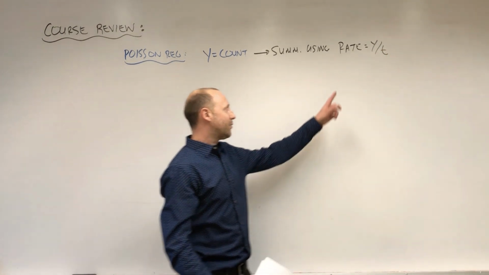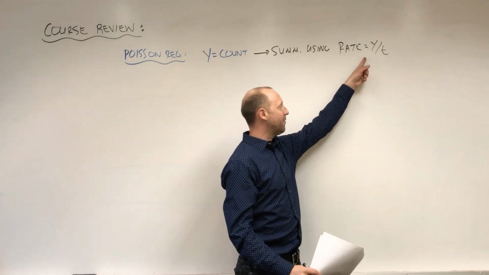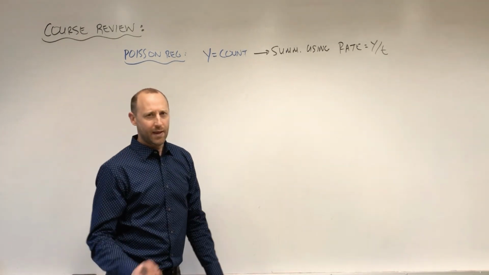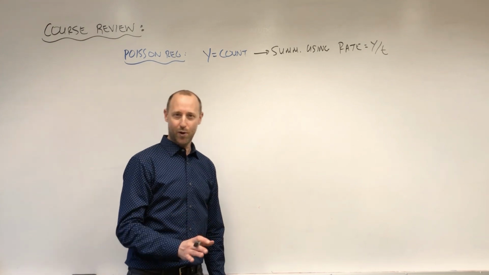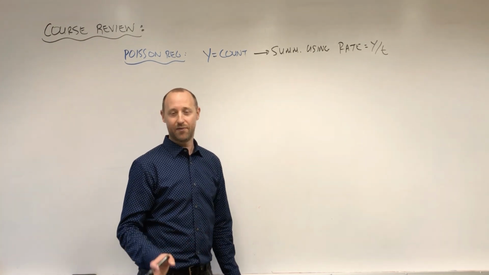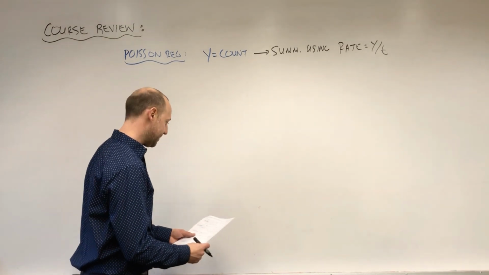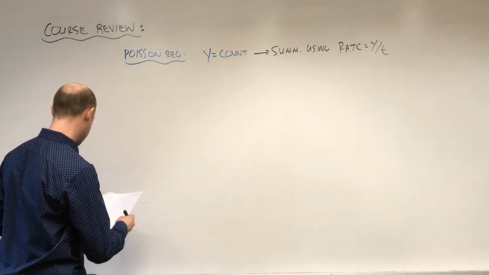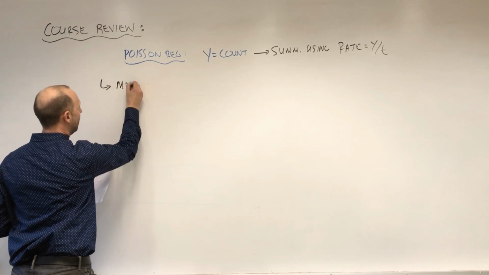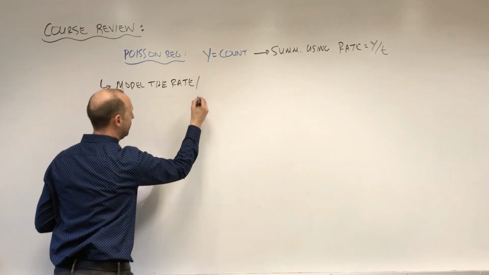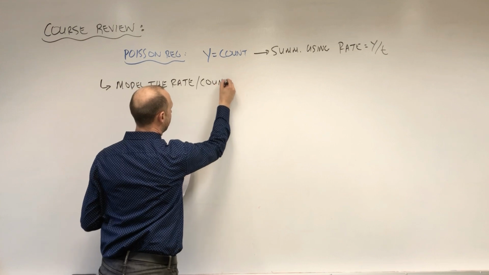And again, the rate is a mean. It's the average number of occurrences per unit time. And we didn't mention this when talking about logistic regression, but the proportion can also be thought of as a mean. It's a mean of zeros and ones. In Poisson regression, we saw that what we want to do is model the rate or the count.